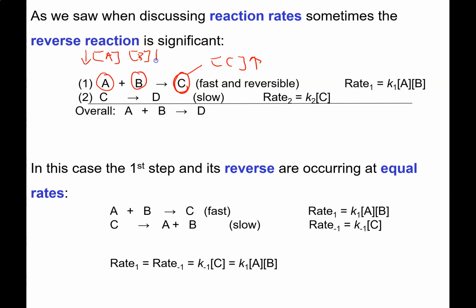And what that means is that the rate of the forward reaction will be decreasing at the same time as the rate of the reverse reaction is increasing, and eventually we arrive at a scenario where in the first step the reverse reaction and the forward reaction are occurring at equal rates. So what happens is that the rate of the forward reaction ends up equaling the rate of the reverse reaction.